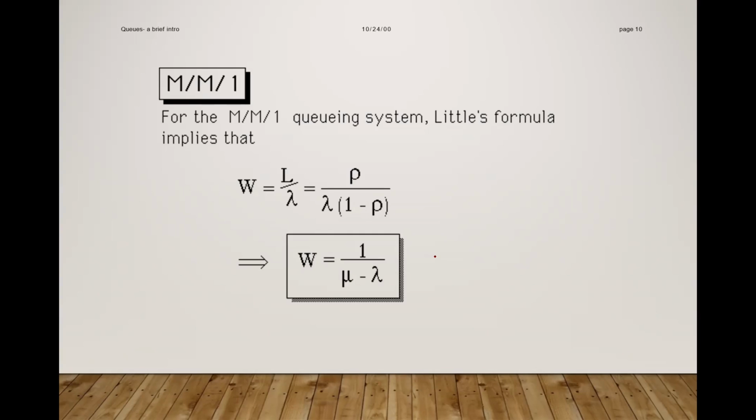So the average length of time that you spend in the system is equal to 1 over mu minus lambda, or the service rate minus the arrival rate.